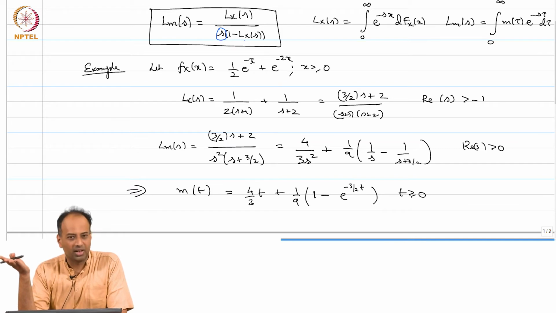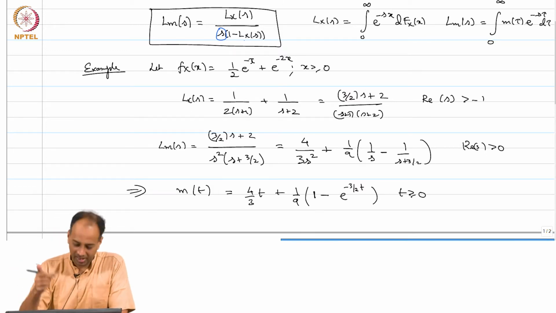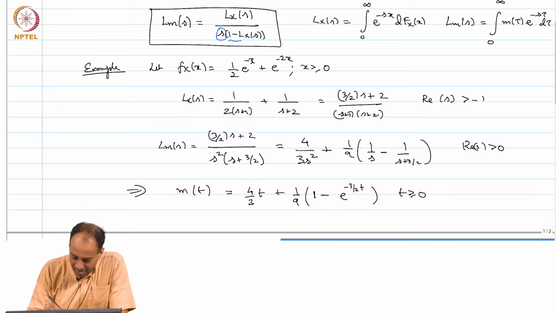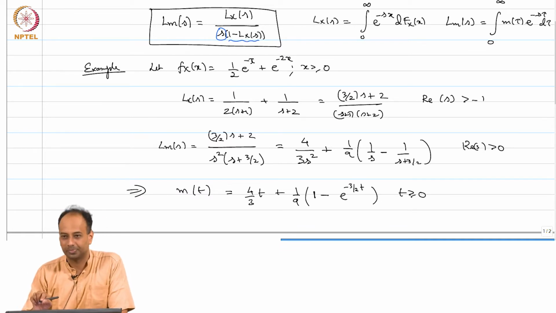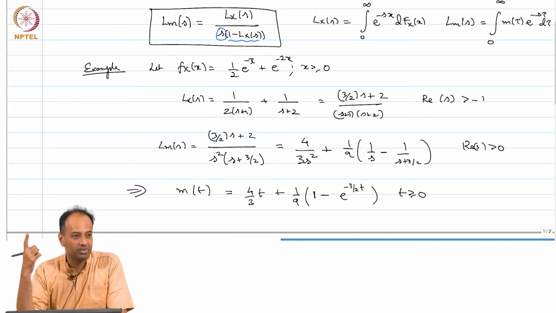Lx of 0 is just 1, right, Lx being the expectation of e power s x. So, Lx of 0 is 1. So, 1 minus Lx of 0 will be 0, right. So, this term 1 minus Lx of s will contribute another pole at 0. There is already a pole at 0 coming from 1 over s and there will be another pole coming from 1 minus Lx of s always, alright.